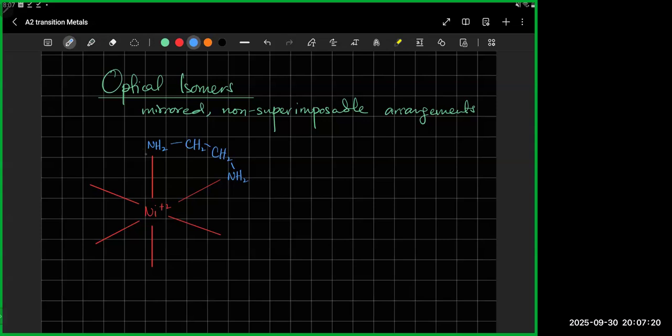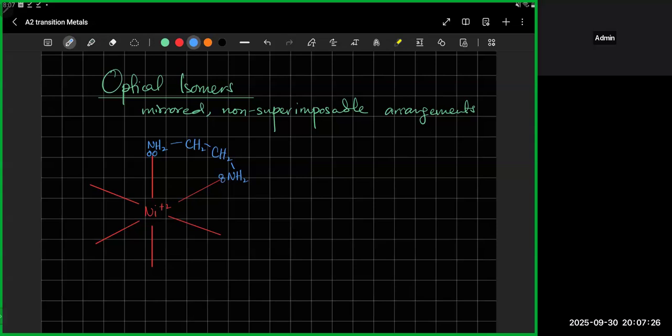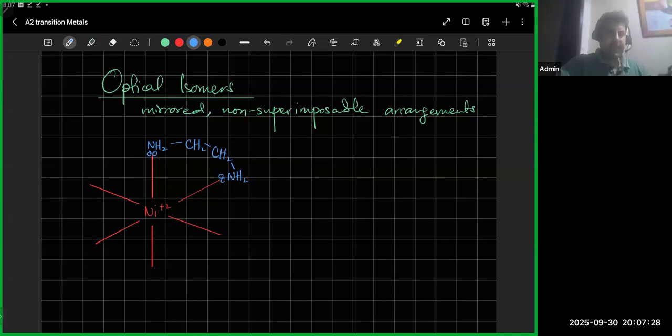So that is one bidentate ligand attached to the nickel ion. And then I have another bidentate ligand which is going to be attached. So that's going to be NH2, NH2, and I've got two CH2s. And then there's a third one.